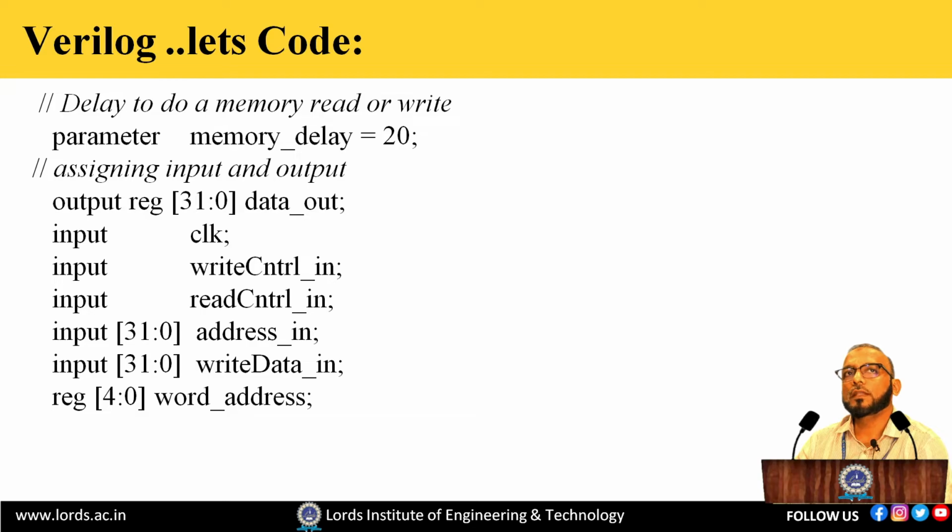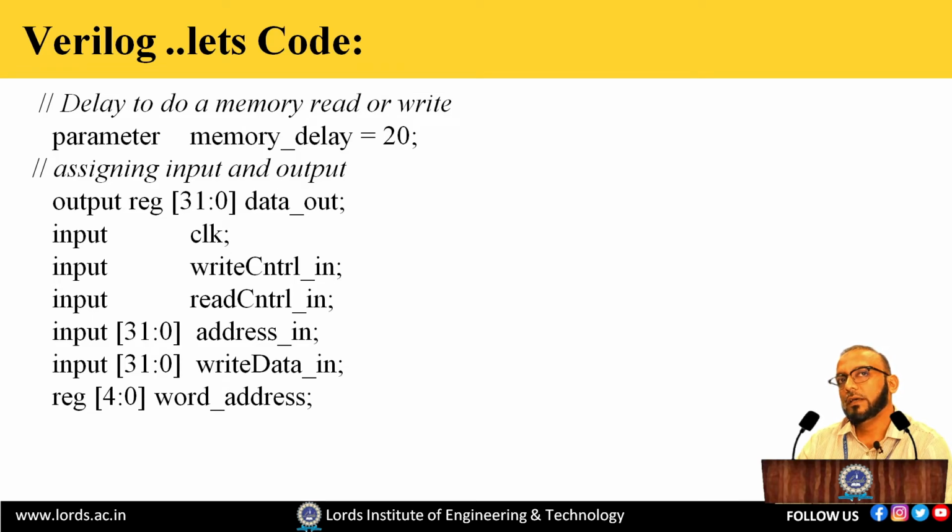So how do we assign the inputs? It's the simplest task: give the input, write the variable, and end with a semicolon. For the input address in, I'm using 31 down to 0, that is my bit length. So address in is just a wire of 31 down to 0, a 32-bit address length.